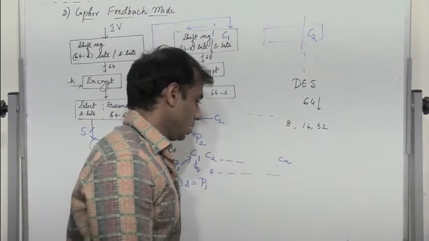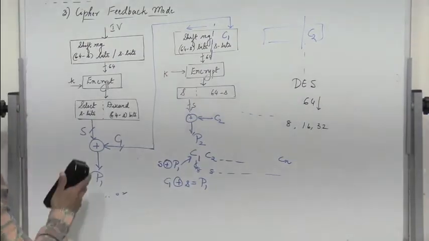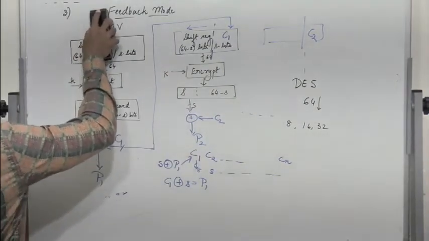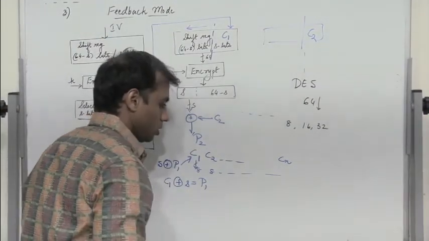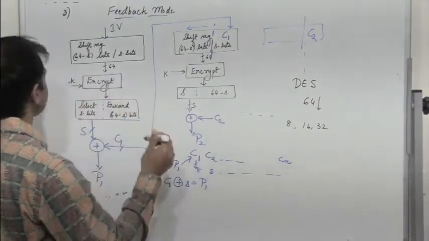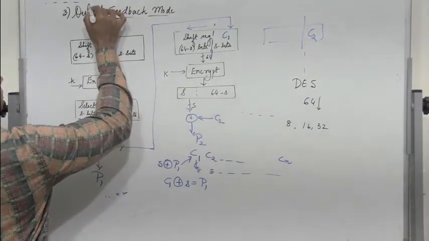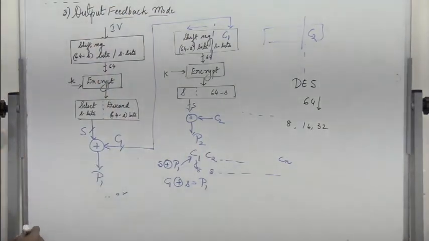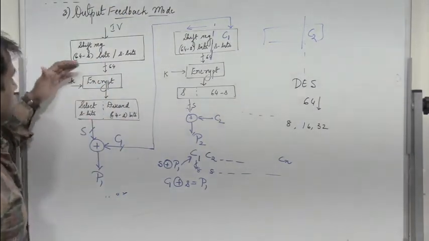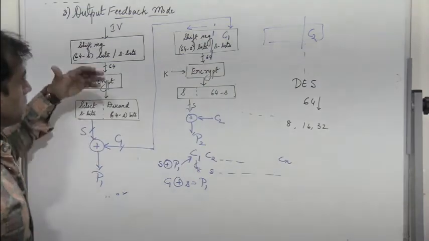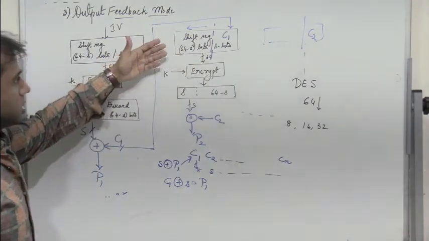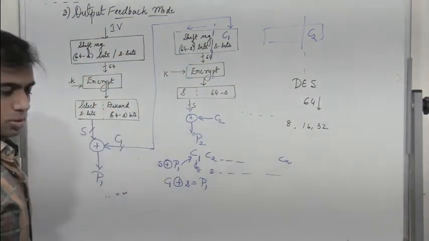Now the next method is output feedback mode, which is very similar to cipher feedback mode with a few changes. In cipher feedback mode, what was being stored in the shift register? C1 was being stored, right?